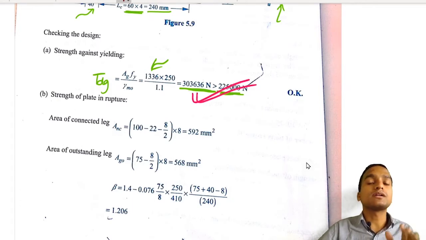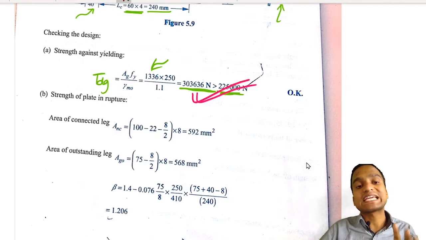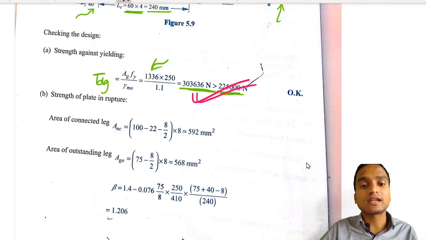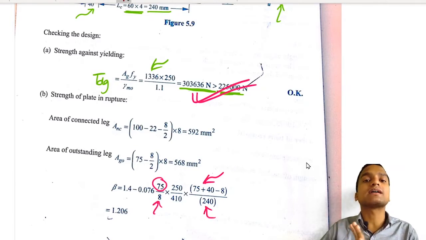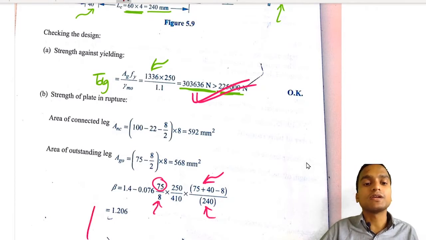Now let us check the strength of our connection in case of rupture of net section. First of all we have to calculate the value of beta, and here beta involves the use of the outstanding leg length and bs. The outstanding leg length is 75 mm, thickness of plate is 8 mm, and this is the shear lag width, 75 plus 40 minus 8, and this is the length of end connection Lc, and from here we get the value of beta equal to 1.206.